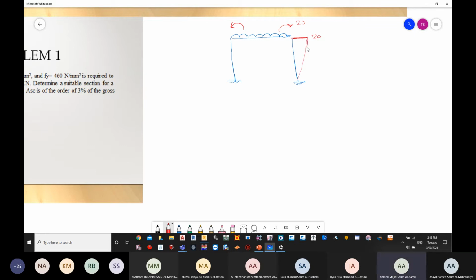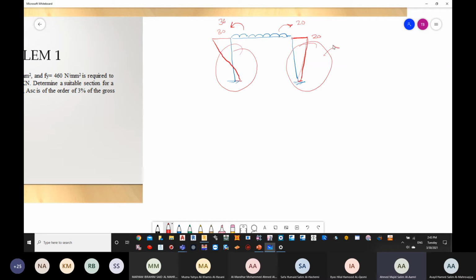This shouldn't go as 0 because it's a fixed support. If this is, for example, 30, then once again this goes as 30. Both of the diagrams here are correct.